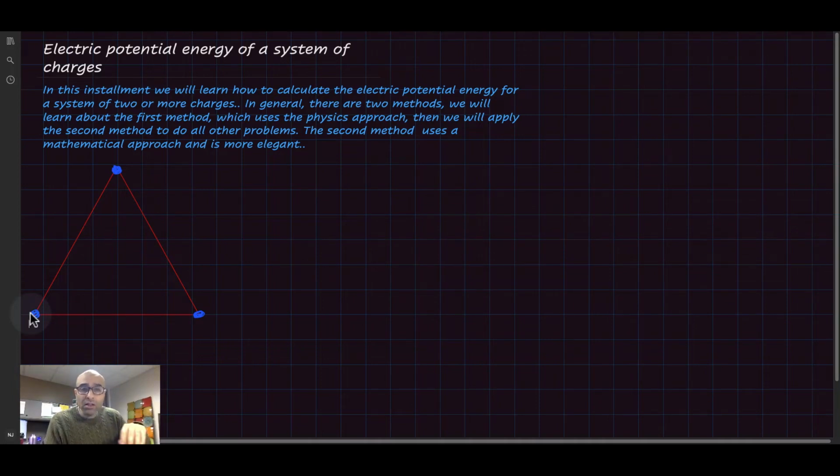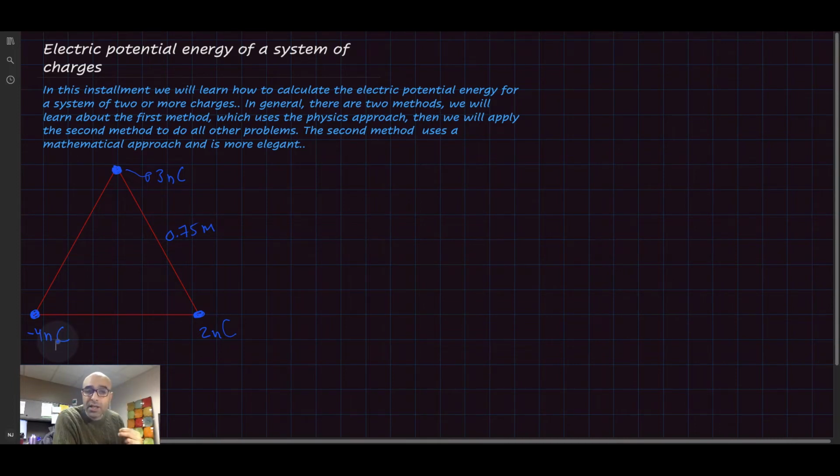The triangle is actually a virtual triangle, it does not exist, but we just want to identify that these three charges sit on an equilateral triangle and the side of each is 0.75 meters. So this charge here is 3 nanocoulomb and this charge here is 2 nanocoulomb and this one here is minus 4 nanocoulomb. We know all the charges and we know all the distances between the charges.